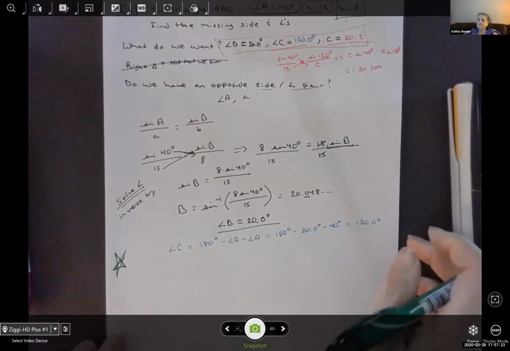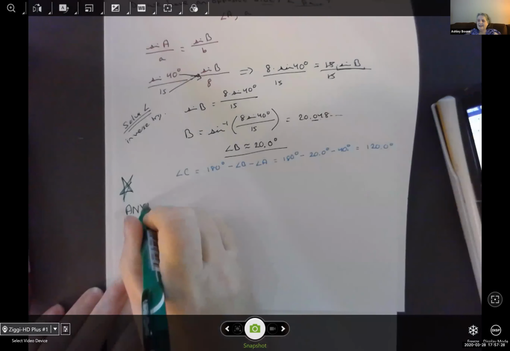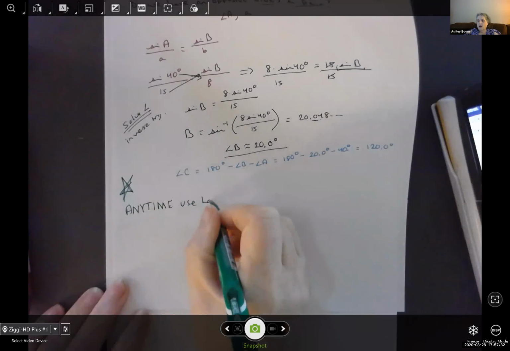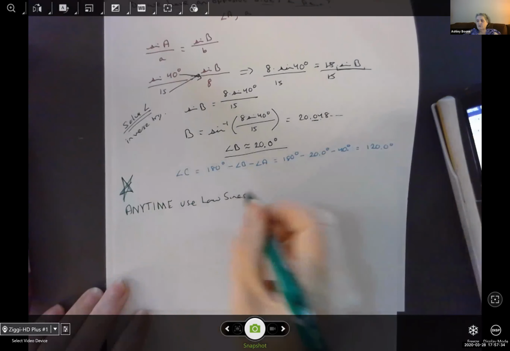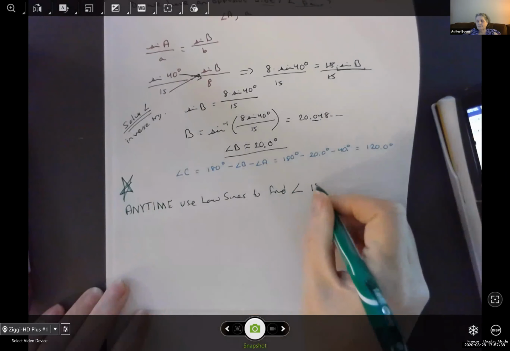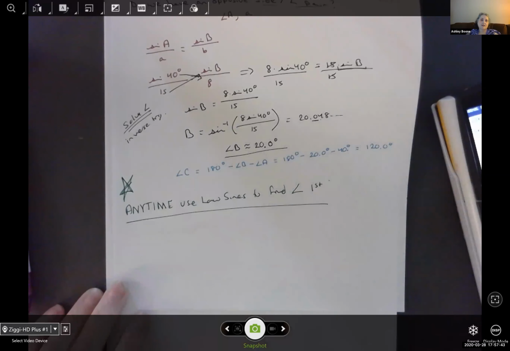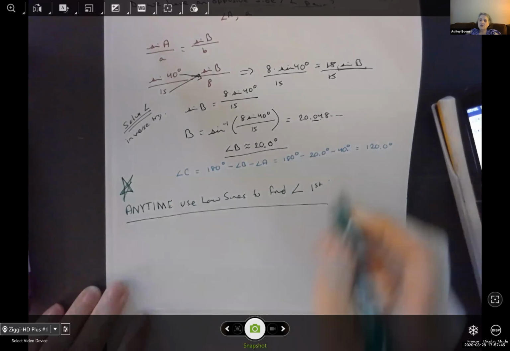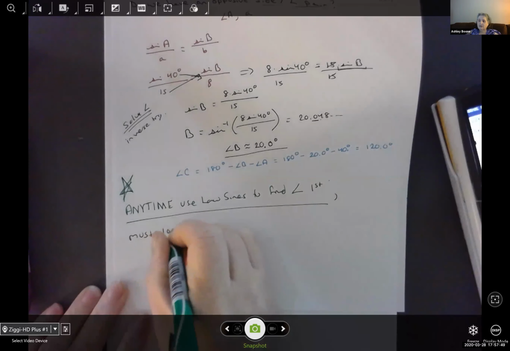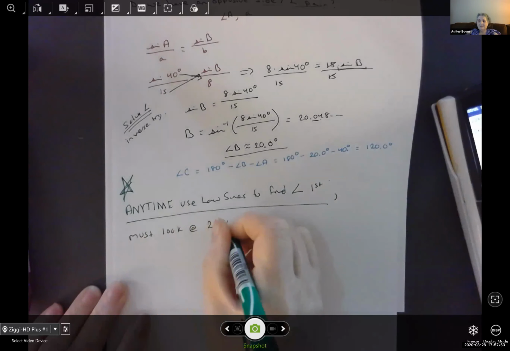Anytime, and I'm going to stress, anytime you use the law of sines to find an angle first, you have to look at two possible cases.